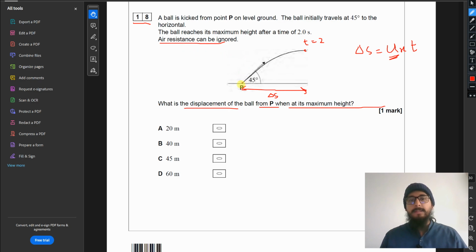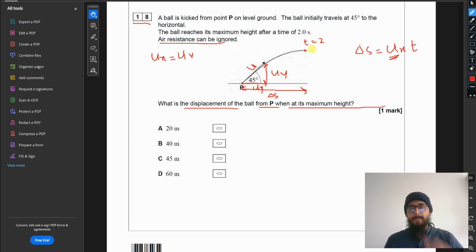Since this is a 45-degree angle, if we divide this vector of initial velocity into its vertical and horizontal components, they are going to be equal to each other, because in a 45-degree right angle triangle, the adjacent and the opposite sides are equal. So both vectors are going to be equal to each other as well. So ux is going to be equal to uy, right? So if we find uy, we can work out ux as well.